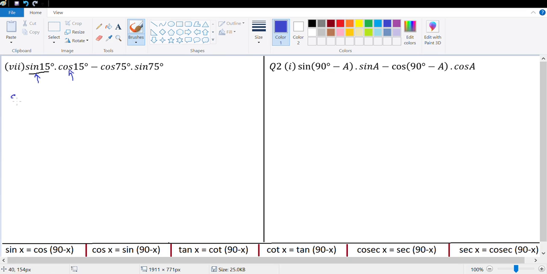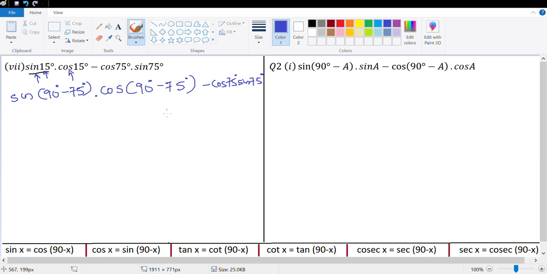So this is sin 90 degree minus 75 degree, because 15 is nothing but 90 minus 75, dot cos, and here 15 degree again can be written as 90 degree minus 75 degree. And the second term remains the same, which is cos 75 degree dot sin 75 degree.